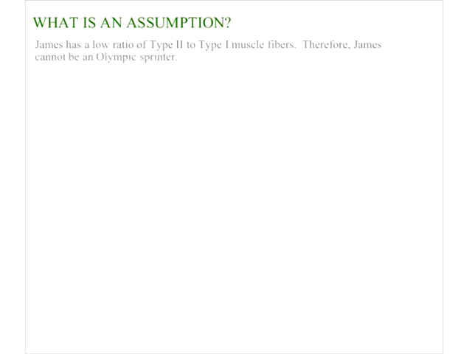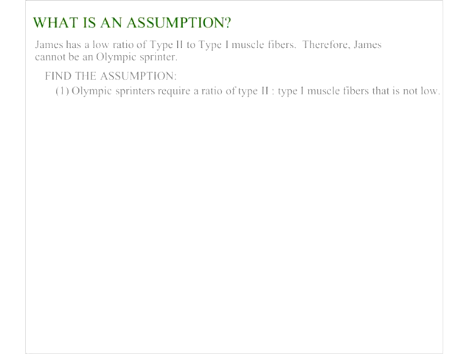Okay, let's find the assumption here, and I'm going to give you two choices. The first choice for the assumption is: Olympic sprinters require a ratio of type 2 to type 1 muscle fibers that is not low.